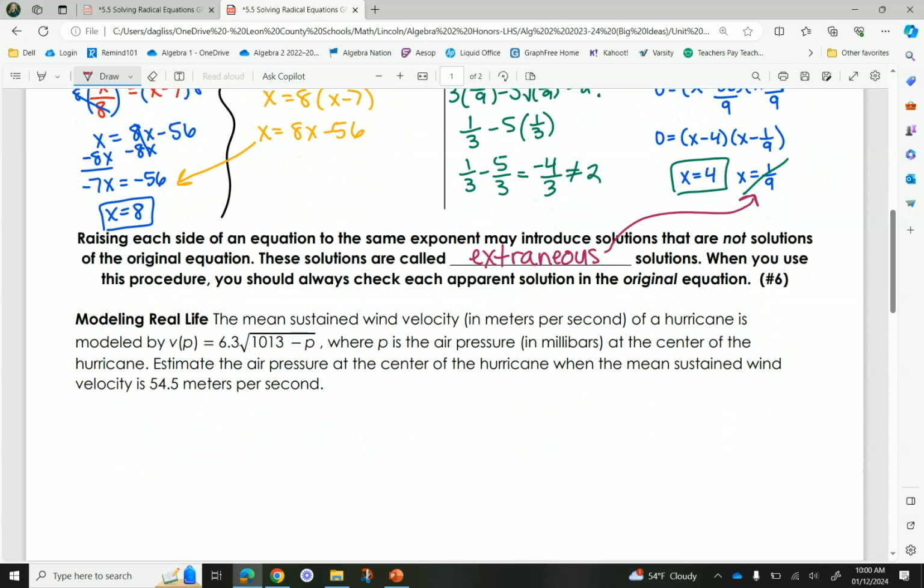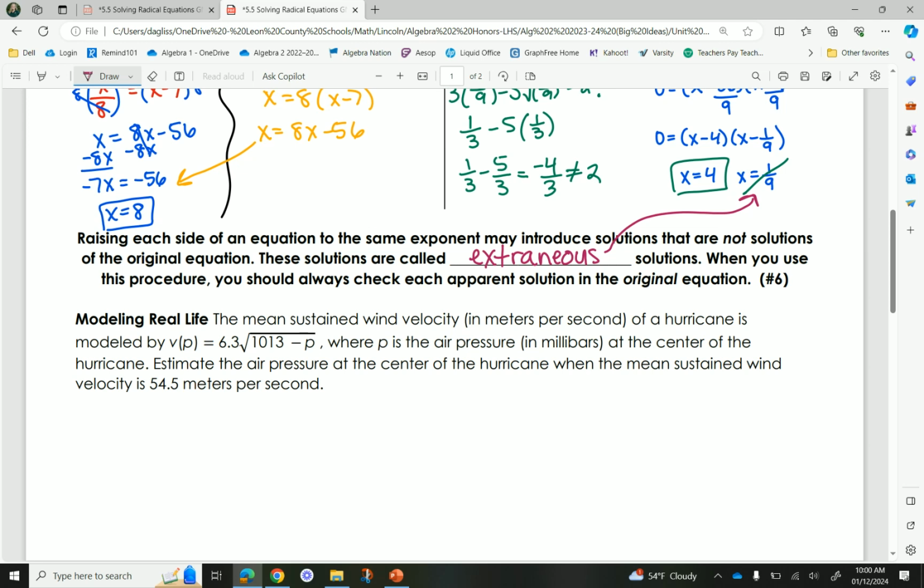All right. Your time to shine. The mean sustained wind velocity in meters per second of a hurricane is modeled by V of P equals 6.3 times the square root of 1013 minus P, where P is the air pressure in millibars at the center of the hurricane. Estimate the air pressure at the center of the hurricane when the mean sustained wind velocity is 54.5 meters per second.